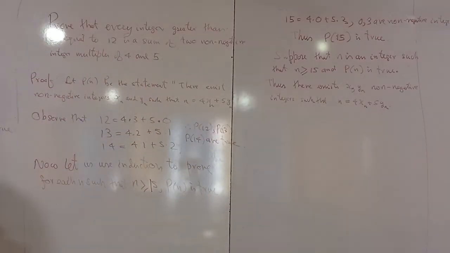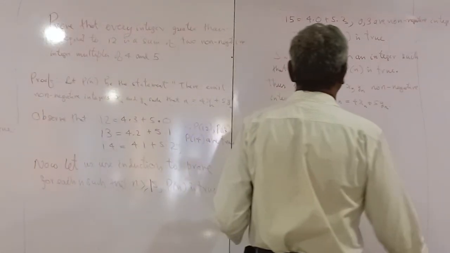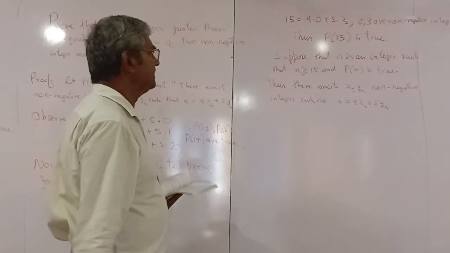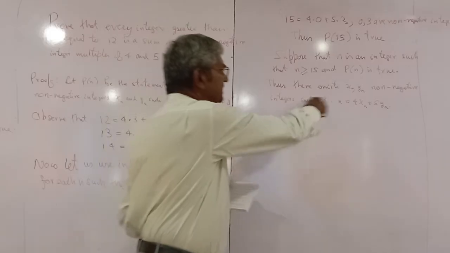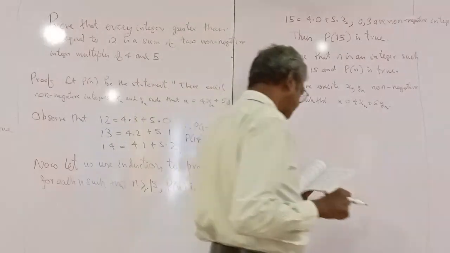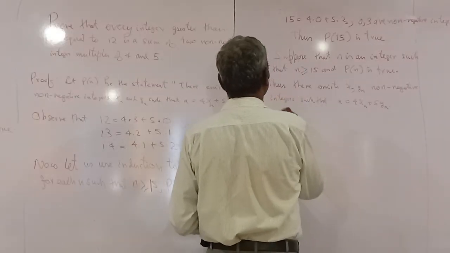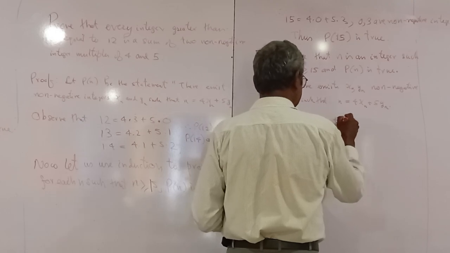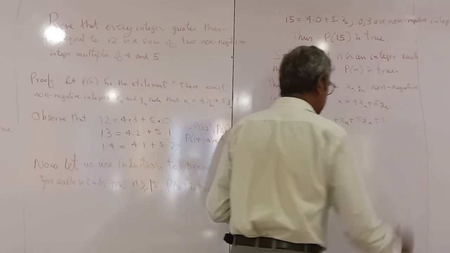Now let us use induction. I took an integer n greater than or equal to 15 and P_n is true. Therefore, there are non-negative integers x_n and y_n like this. Thus, n plus 1 is 4x_n plus 5y_n plus 1.